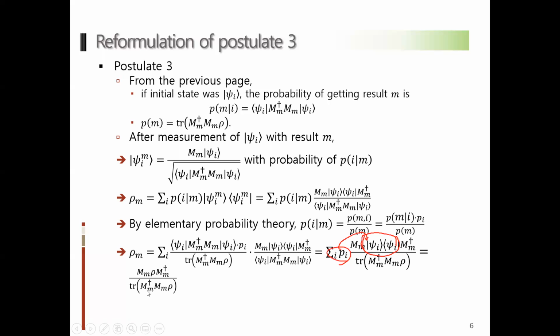So this is the formula for the measurement after we measure the resulting m. Even when our initial state is given in terms of the density matrix, you can immediately calculate the density matrix of the resulting state.